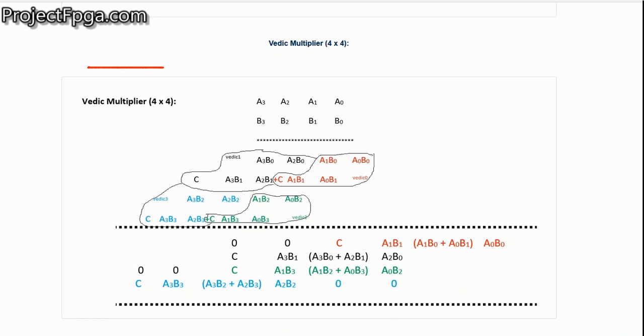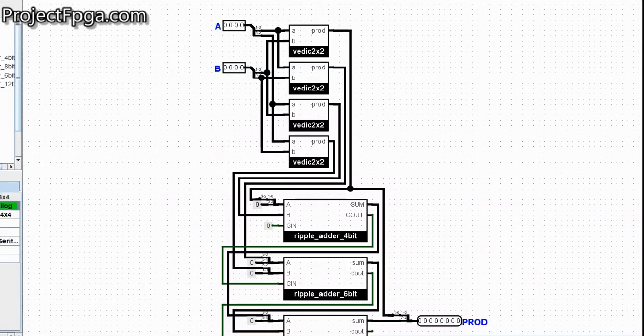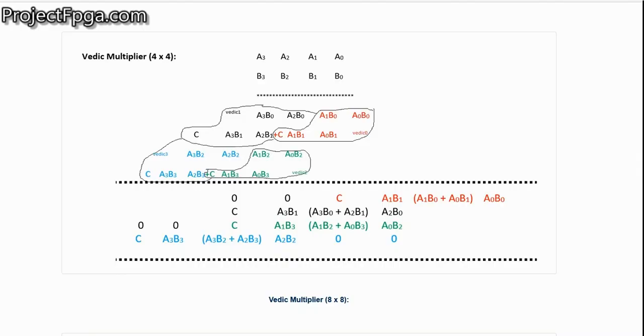So there are actually 4 Vedic. So this is the Vedic 4x4. So it first of all used 4 Vedic 2x2 to sort these 4 different Vedics out.